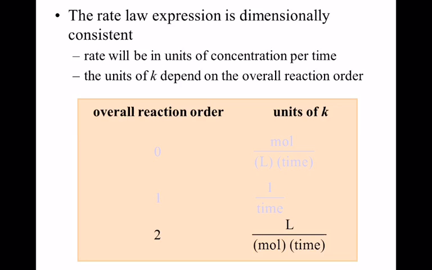So are the units of K then going to be different for every order? Yes. It just depends on what needs to be canceled out. Yep. This is, I'll say unfortunate, but this is the reality of rate law expressions: K's units are going to vary with what your overall reaction order is, exactly. So how do we express that? Well, since we have molarity in the denominator, we have 1 over time, and that molarity is moles per liter.